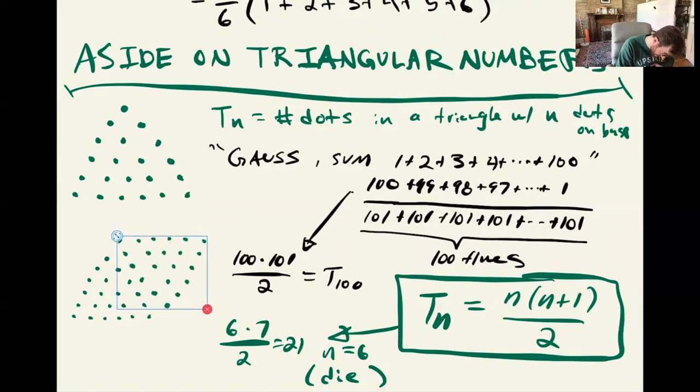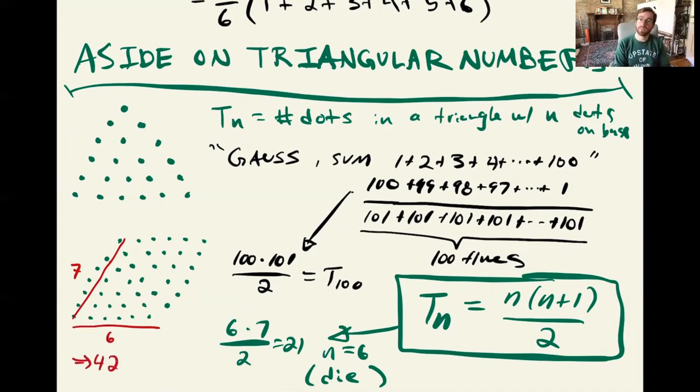Now you can just sort of see that there's 1, 2, 3, 4, 5, 6, 7 on each side. And then I've got times 1, 2, 3, 4, 5, 6, so 6 times 7. That's 42, the answer to life, the universe, and everything. But I only need half of that, so I just divide by 2, and that's how I get back to my 21.